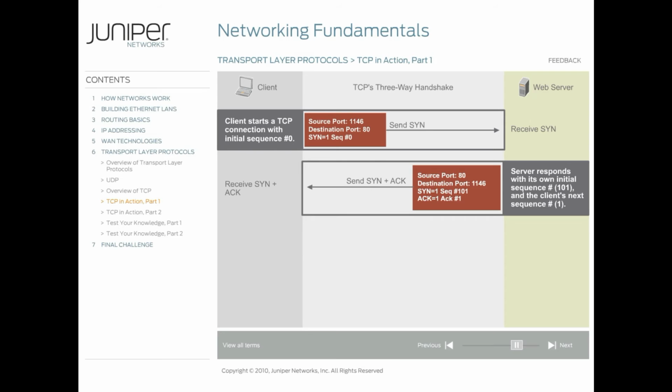Using TCP, a device acknowledges receipt of a sequence number by turning on the ACK flag and returning the next expected sequence number in the acknowledgement number field. In an initial handshake, the next expected sequence number is simply the initial sequence number plus 1. In this case, the server expects that the client's next sequence number will be 1.